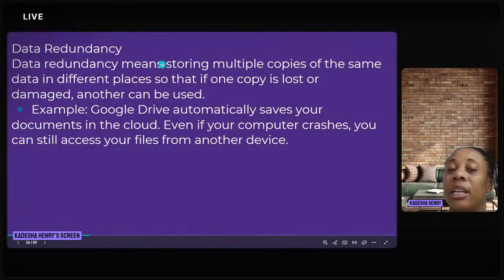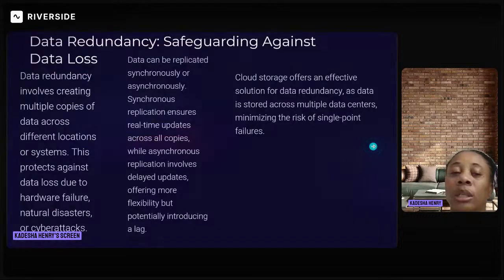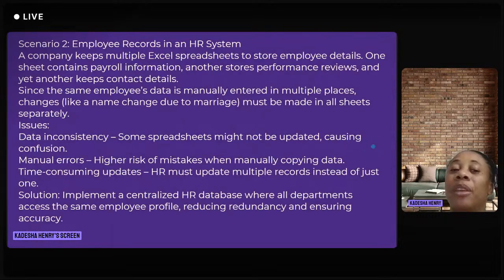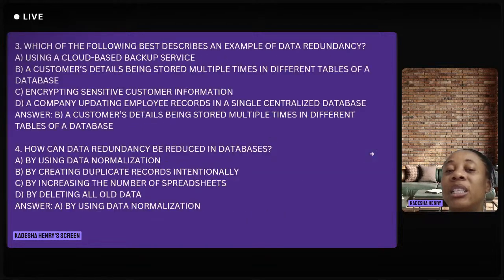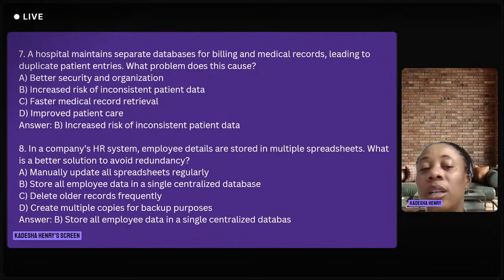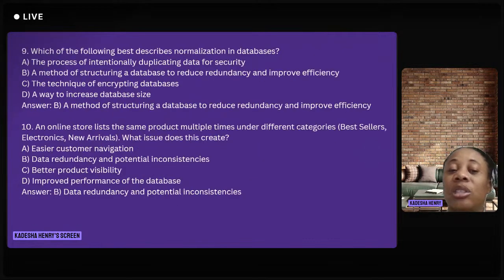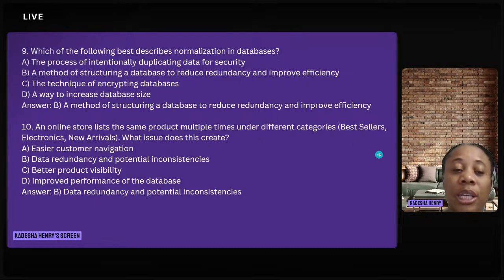Remember, data redundancy means storing multiple copies of the same data in different places so that if one copy is lost or damaged, another can be used. And we talked about the cloud. So that is the purpose of data redundancy. But we want to make sure that it is done in an accurate and constructive way, and that it is not just copying data that is not needed in multiple locations.